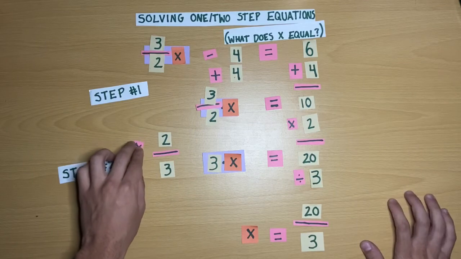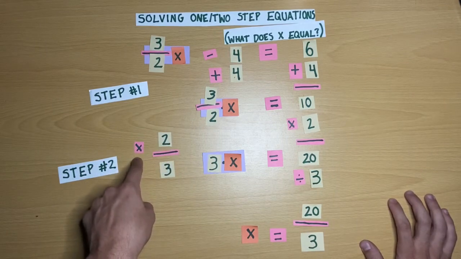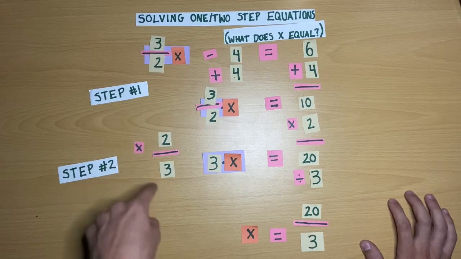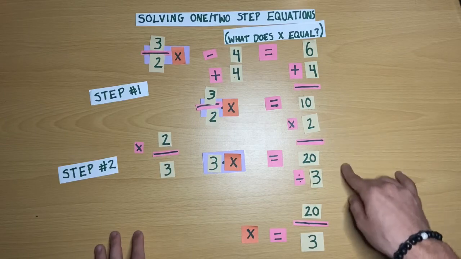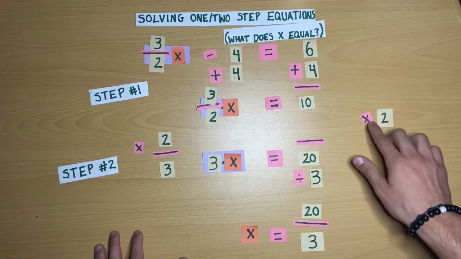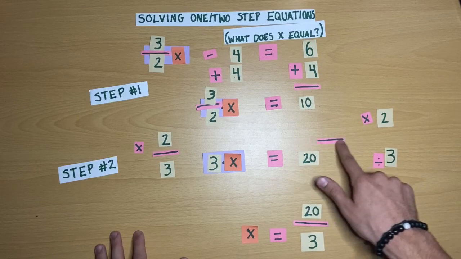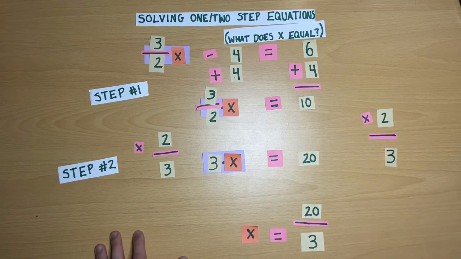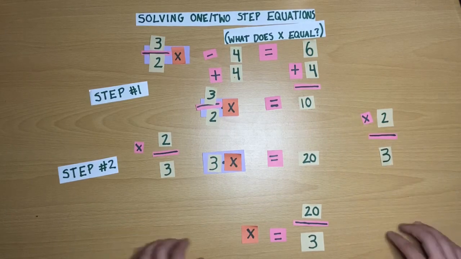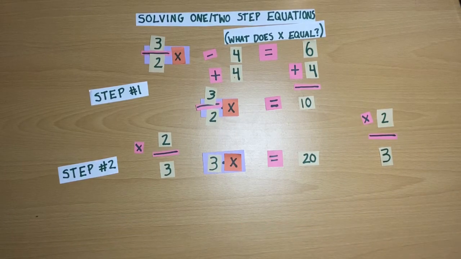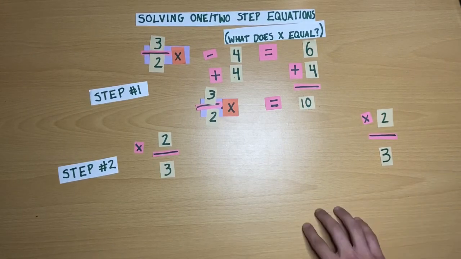And now we can clearly see that in fact, in 2 steps, we ended up multiplying by the reciprocal of this number. We did the same thing over here. We multiplied by 2, and then we divided by 3. And well, that's just 2 over 3.